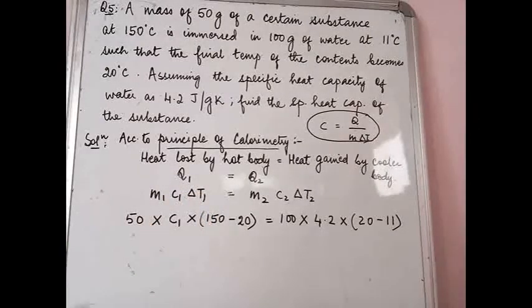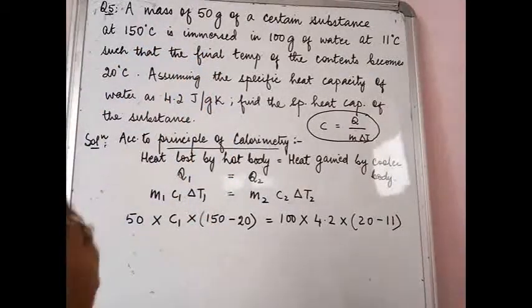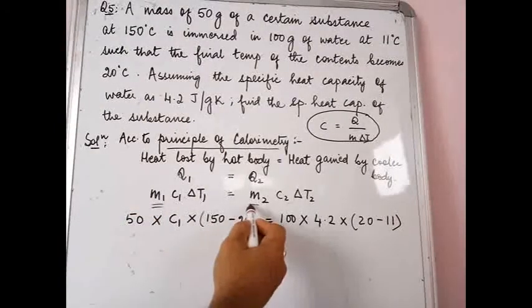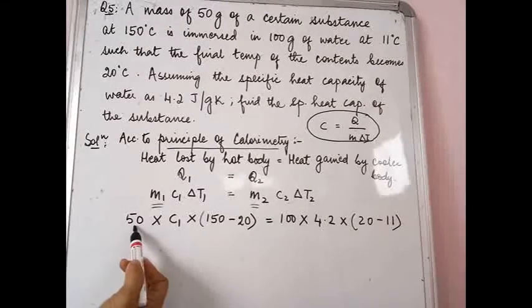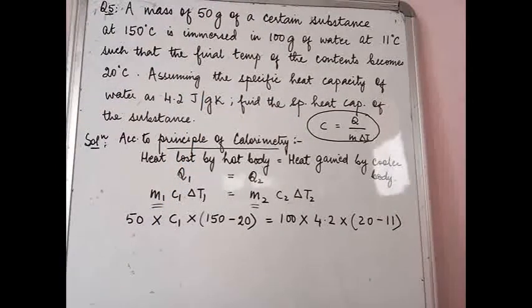Now the second most important thing over here is, you must be wondering, why did I not talk about the SI units? Because mass is present on the left side also, and mass is present on the right hand side also. So 50 grams and 100 grams was given in the question. Why did I not convert both of these into kgs?